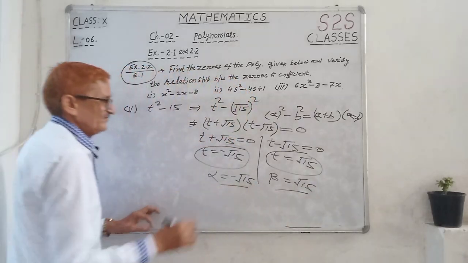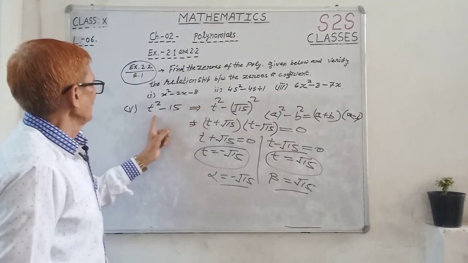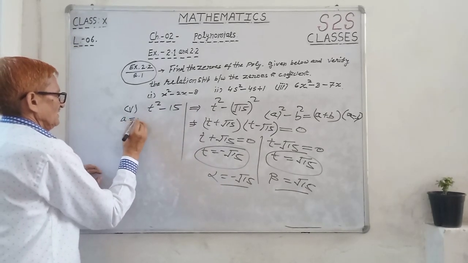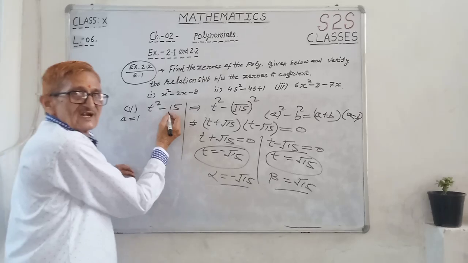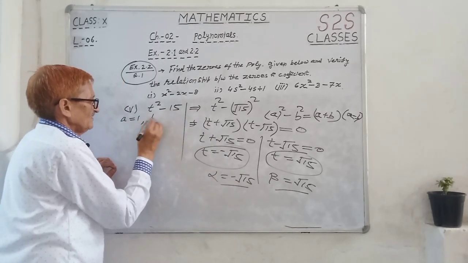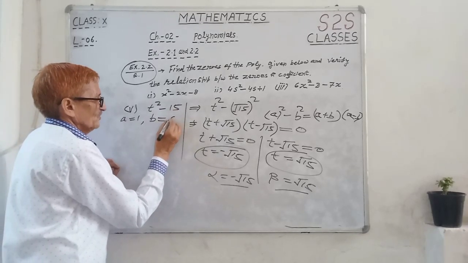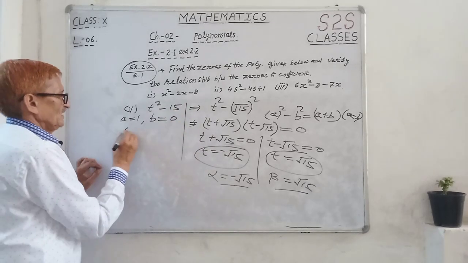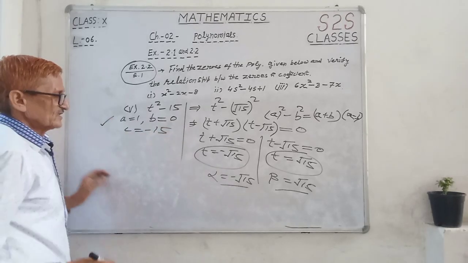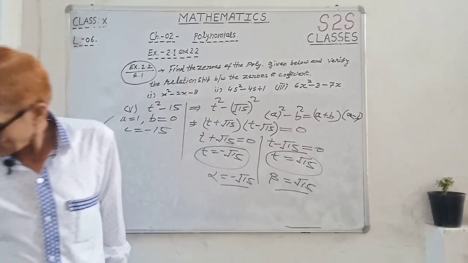You can verify the coefficients also. Coefficient means here, what is a? What is a in this? A is 1, b, the middle term is not there, so b is 0, main thing. The t term is not there, so coefficient b is 0 and c is equal to minus 15. So these values you can put in the formulas, sum of the zeros and product of the zeros.